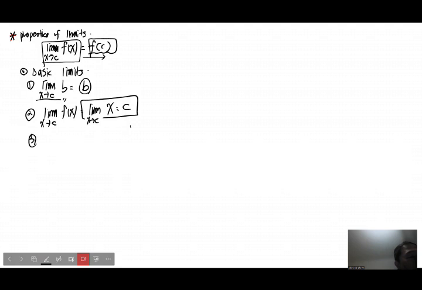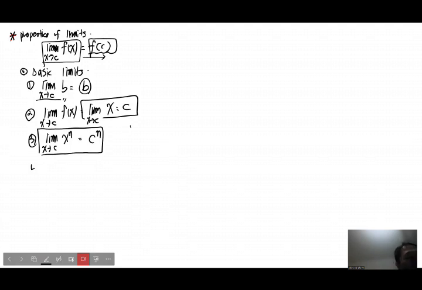Number three, if you have a power function, or polynomial function, inside of this limit, then that should be the same as c to the power of n. So basically all you need is to replace x with c if x goes to c.